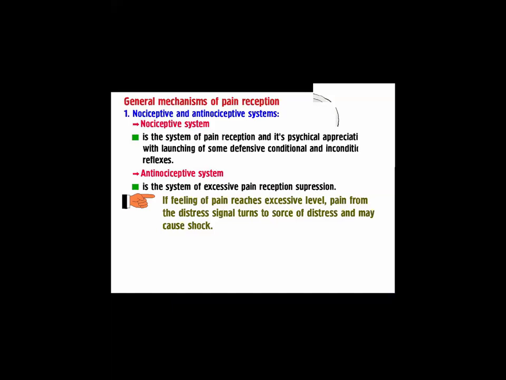At the same time, the opposite system is involved, the antinociceptive system. This system is trying to suppress the feeling of pain. So basically, when you feel pain, you feel it much less than you would if you didn't have this antinociceptive system. If the feeling of pain reaches excessive levels, pain turns from a distress signal into a source of distress and may cause shock, pain shock.